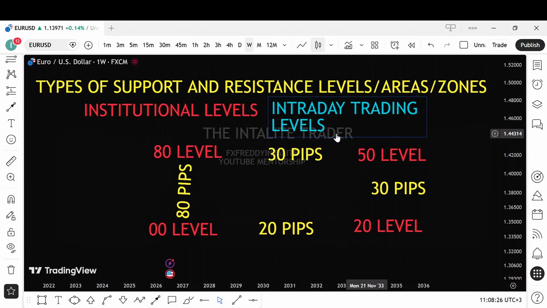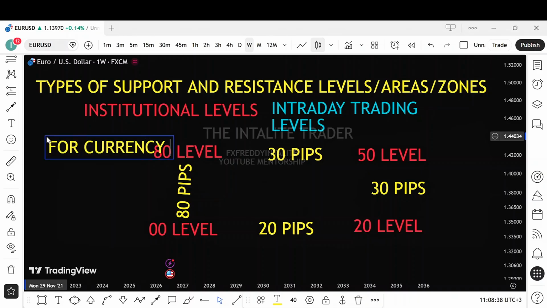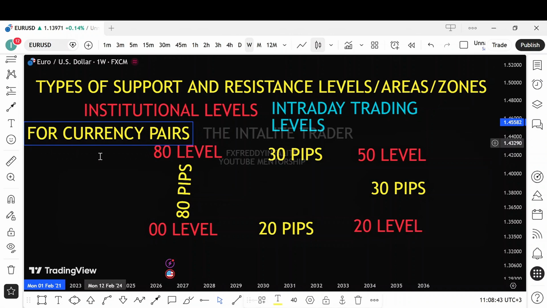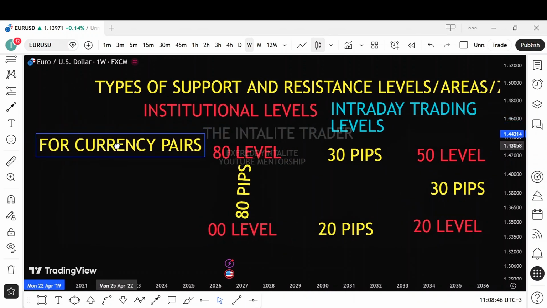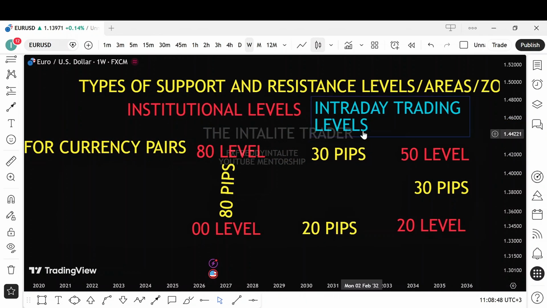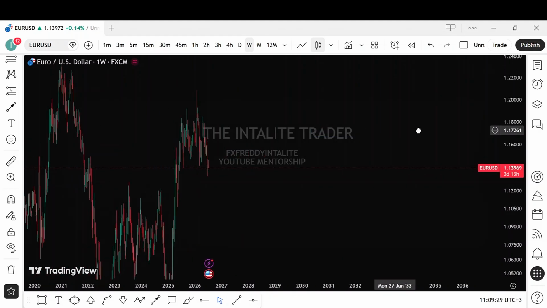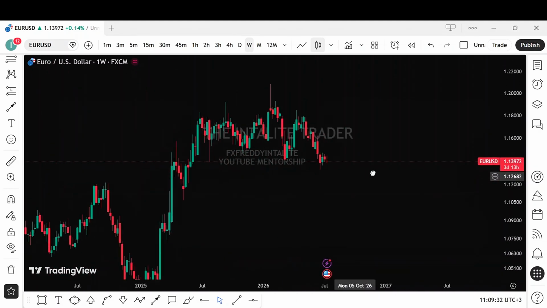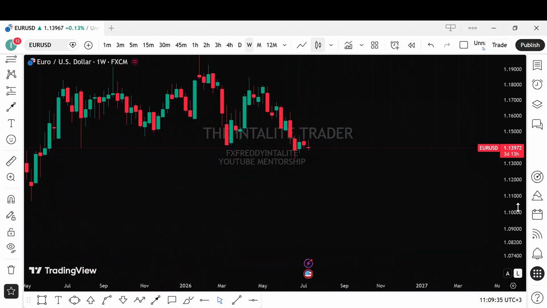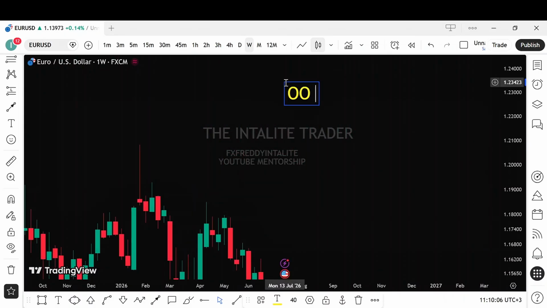Institutional trading levels here are for currency pairs, not for other instruments. We are saying currency pairs. How do we come up with these levels? You come to your chart and look at where price is. Let's say 00, we give it yellow. Then the 20 level, we give it green.